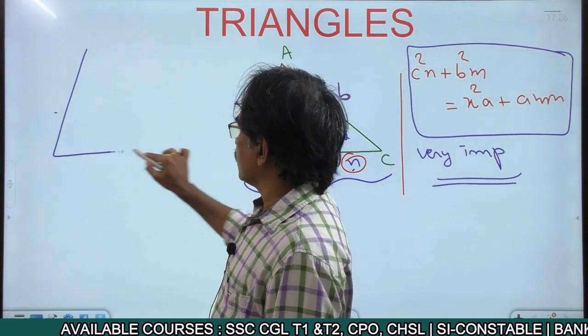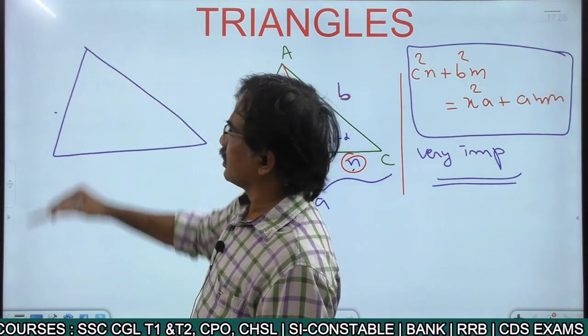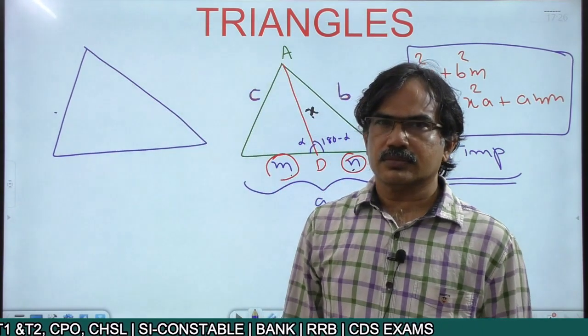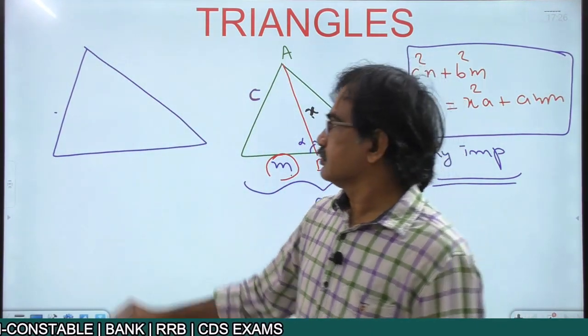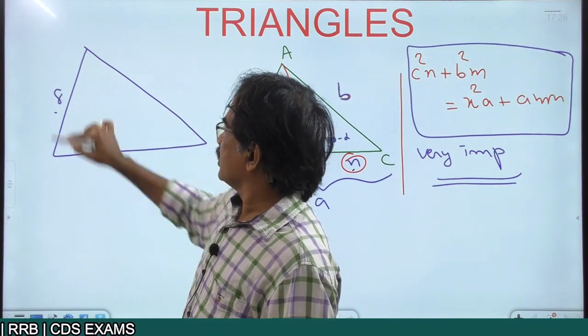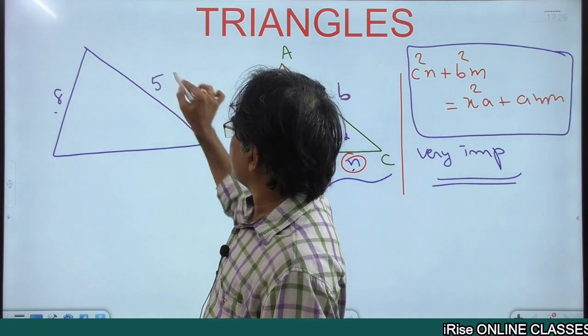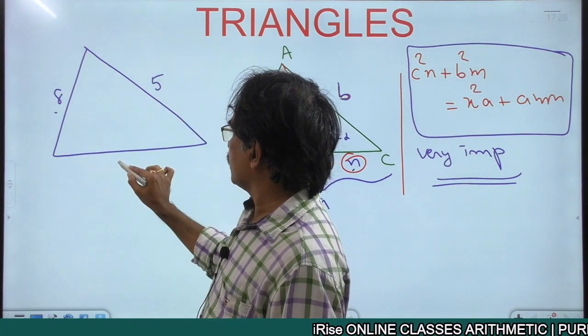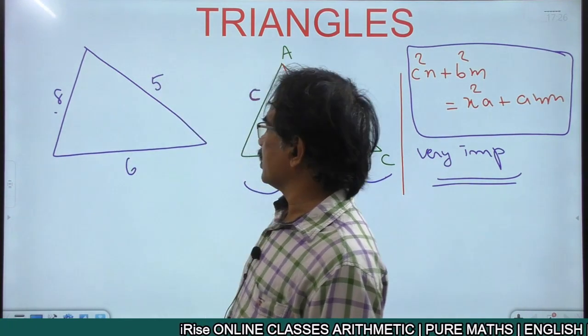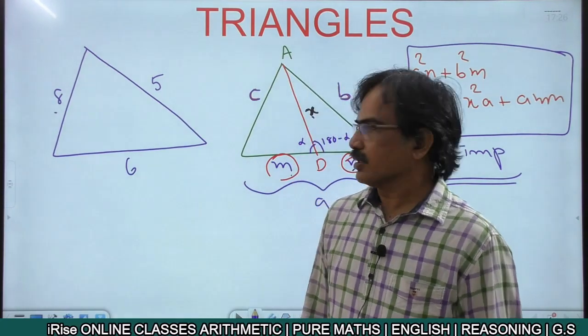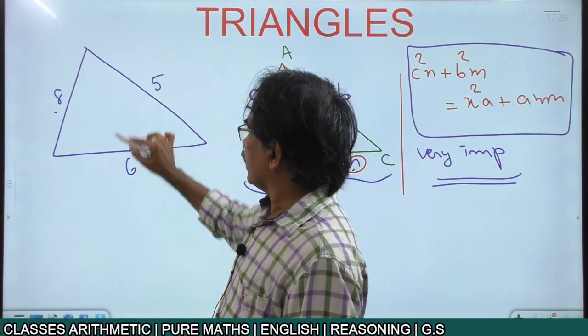For example, this is a triangle. I want to give a simple question. This is 8 centimeters, this is 5 centimeters, let this be 6 centimeters. Let this be the midpoint.